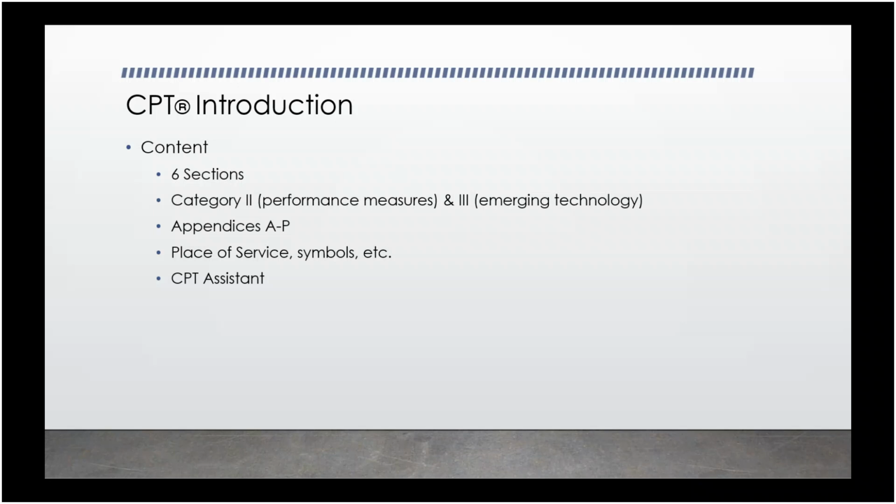CPT Assistant is going to give you further instructions as far as when you have 2 procedures, you're going to assign 1 comprehensive code. Or a patient comes in and they are treated a certain way, we are seeing certain complications, they give us further instructions and guidance on the appropriate and accurate reporting of CPT.